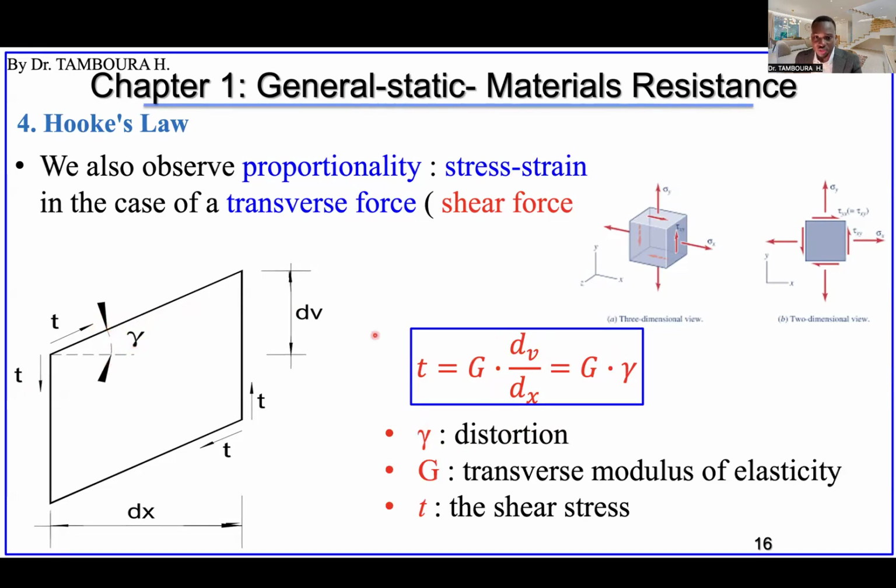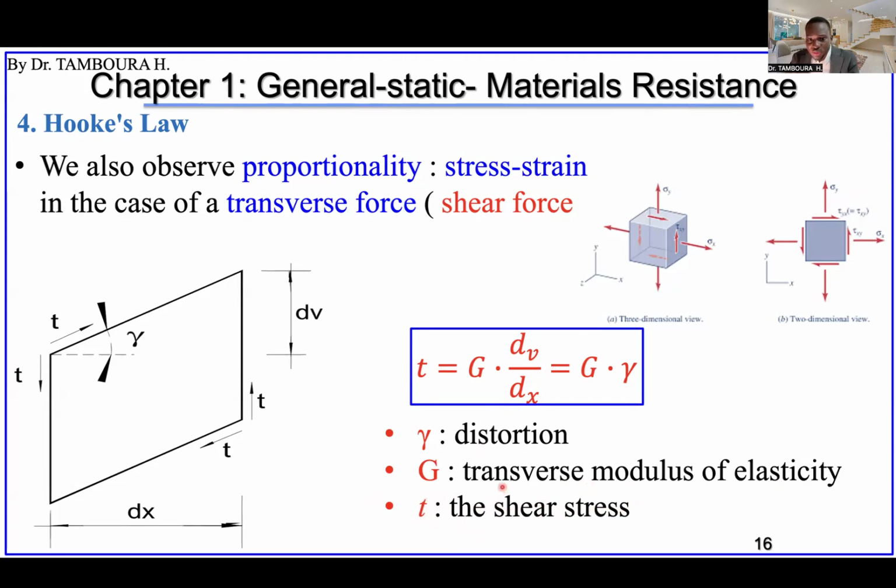G here is the transversal modulus of elasticity. So, do you remember the other one? E, we talked about the longitudinal modulus of elasticity in the previous slide. Then T here is what I said before, shear stress. Sometimes you will see tau here instead of T. It depends.